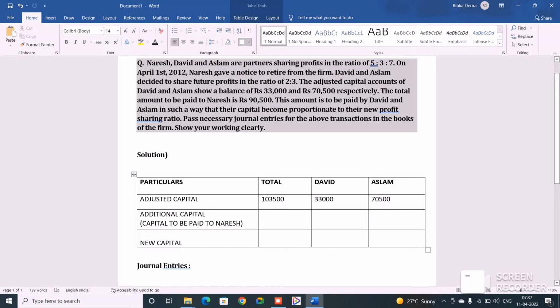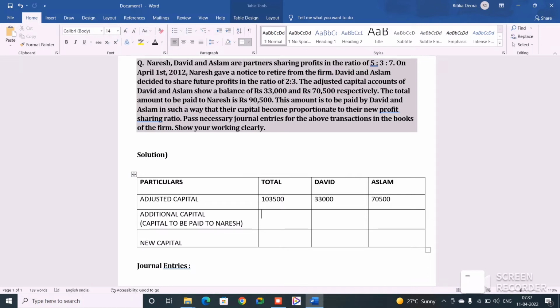Now it is given in the question that the total amount to be paid to Naresh is rupees 90,500 and this amount is to be paid by David and Aslam. So as I already told you before, whenever this line is given, that the amount to be paid to the retiring partner is to be brought in or paid by the remaining partners, it means that we have to ignore the existing cash and bank balance in the firm.